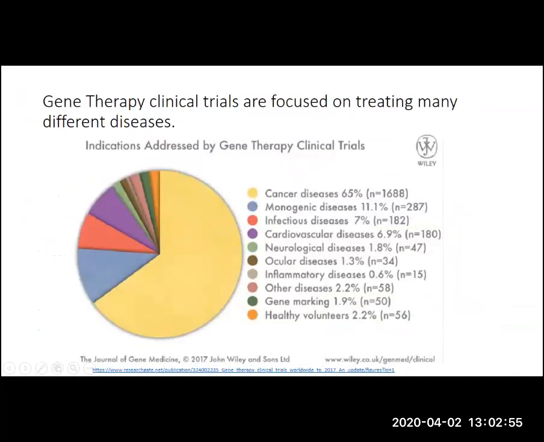If we take a look at gene therapy over the last few years, this is from 2017, the majority of the gene therapy clinical trials have been focused on cancer diseases and monogenic diseases, diseases with a single gene affecting them. So there are a number of different types of conditions that are being looked at, and this continues to grow with each year.